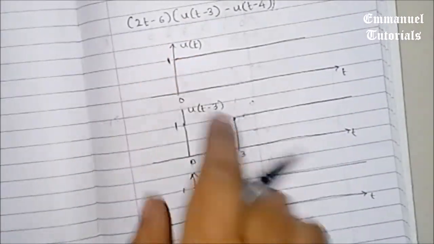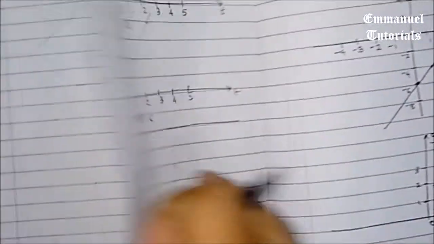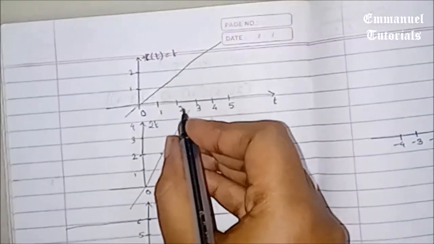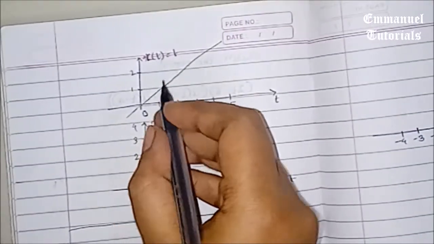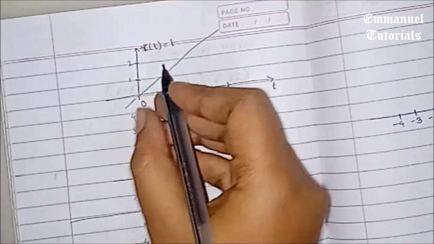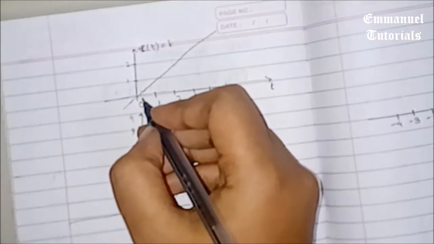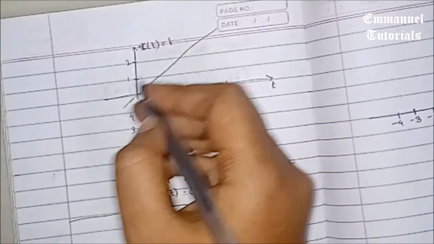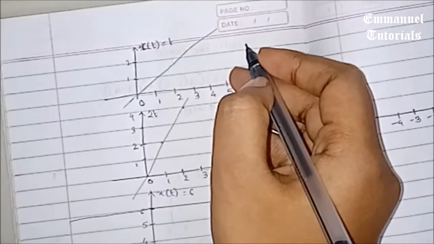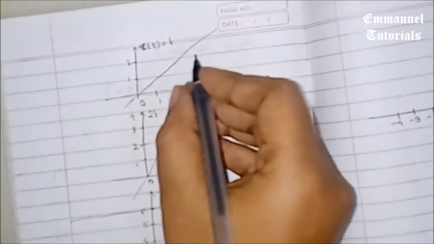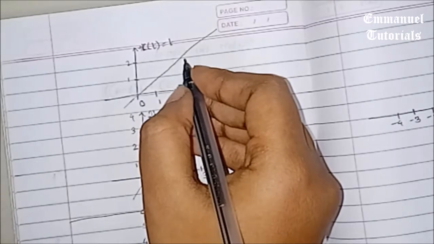Now let's go to the first part, that is 2t minus 6. Now the t signal can also be called the ramp signal, which starts from 0 and ends at infinity, but here t will start from minus infinity and end at plus infinity, because the amount of time until which it is t is not mentioned.